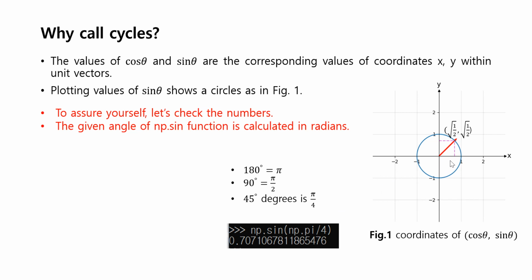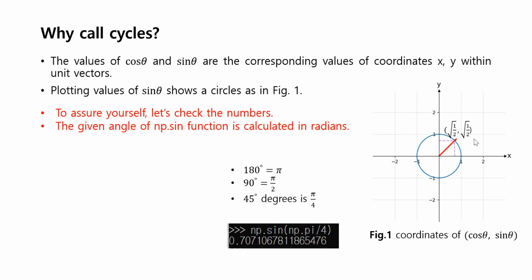If you look at figure 1, this angle is 90 degrees, and the coordinate square root of 1 over 2 comma square root of 1 over 2 is the vector for the angle 45 degrees.